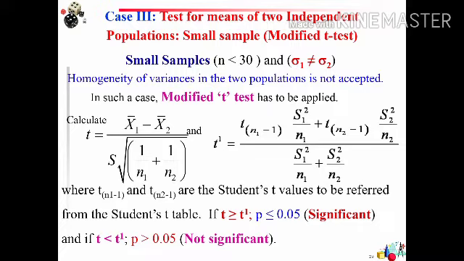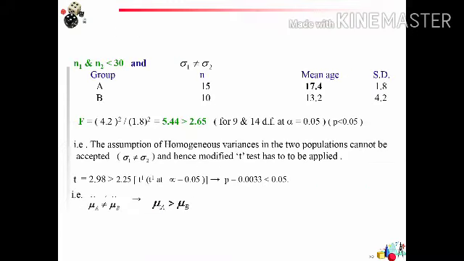If t greater than t dash or p less than 0.05, we reject the null hypothesis, that is significant. So everyone, you don't need to bother about this type of large equation, you just understand the concept of each test.